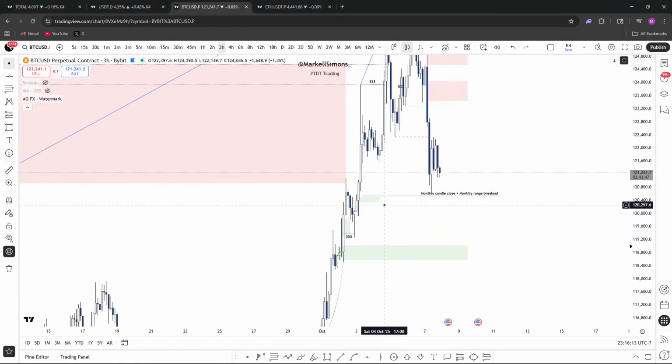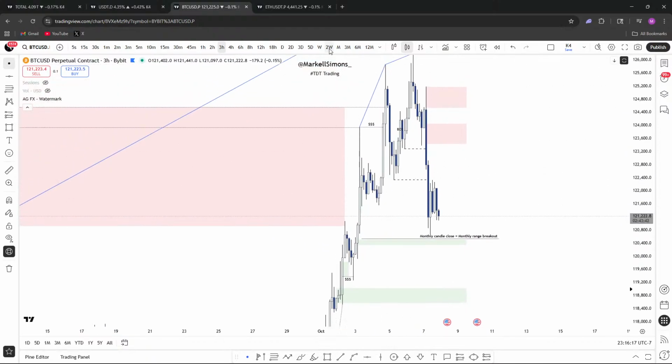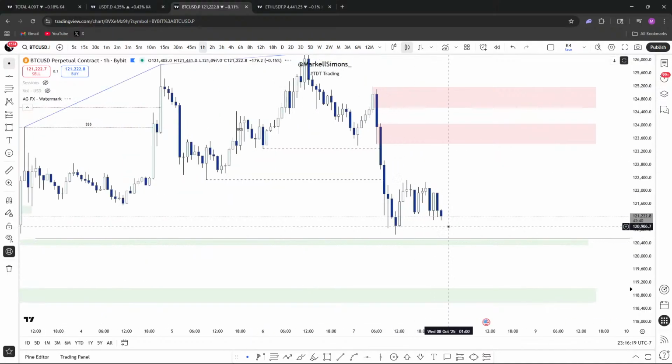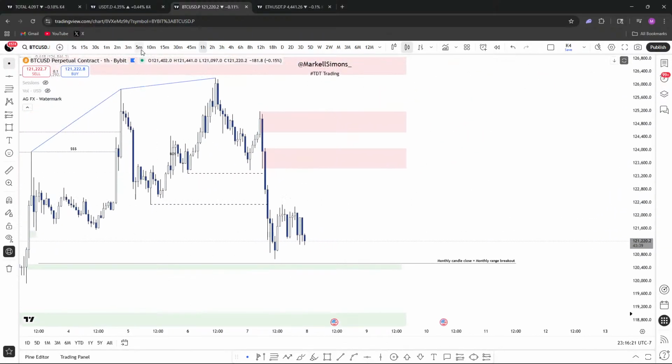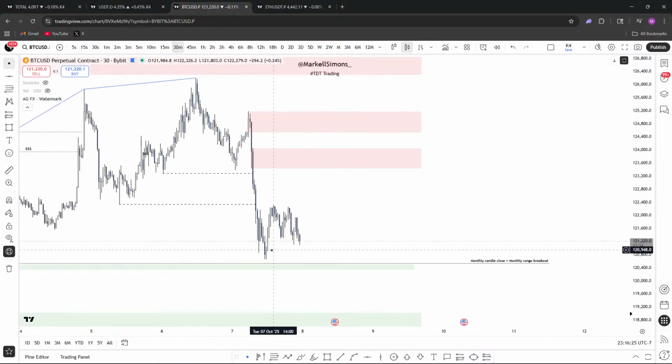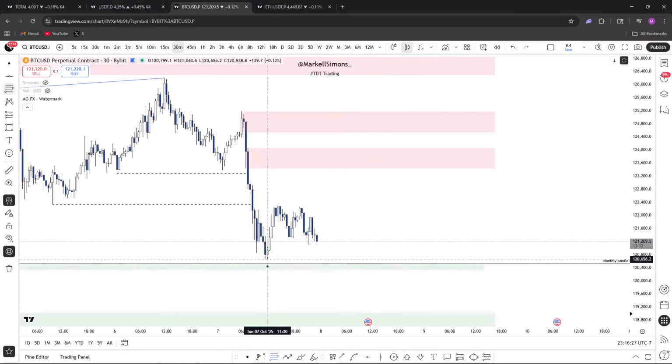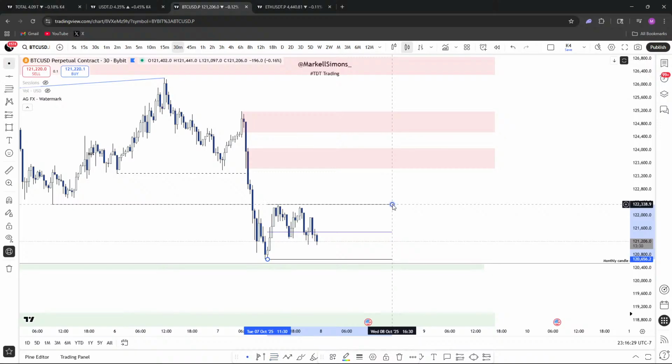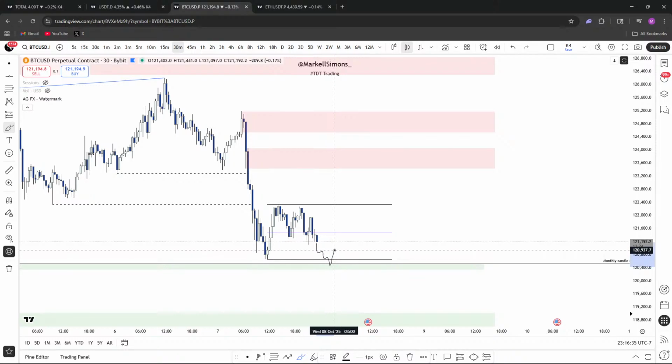Let's see. Maybe we pull our range from this low to this high, and this becomes our new range. We'll look for a deviation of the range low coming into this demand POI.